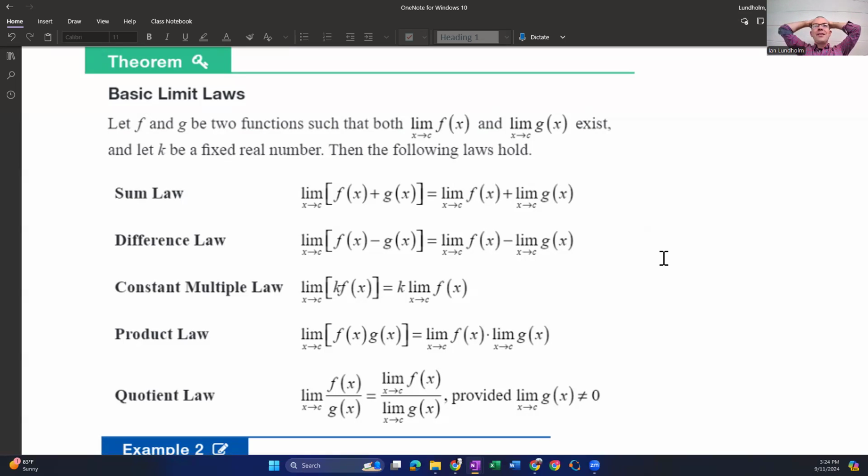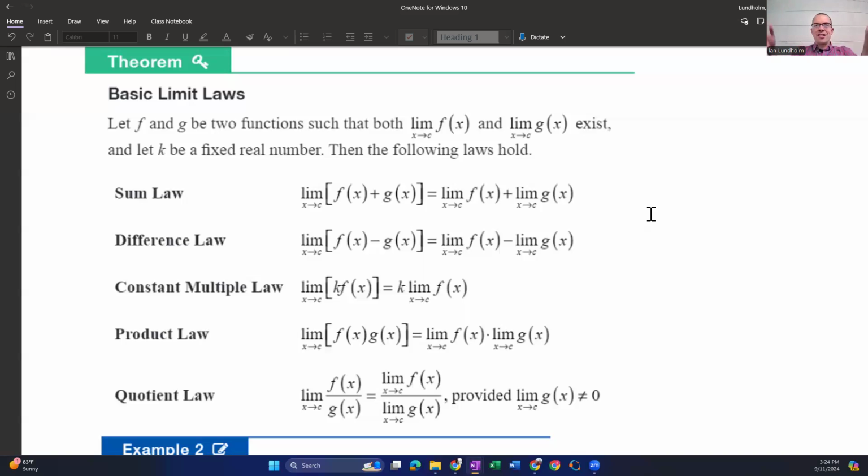These can be summarized with little phrases. Right now, we've got the limit of a sum of two functions equaling the sum of two different limits. So sometimes this is abbreviated: the limit of a sum is the sum of the limits.